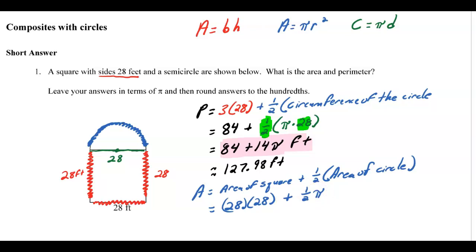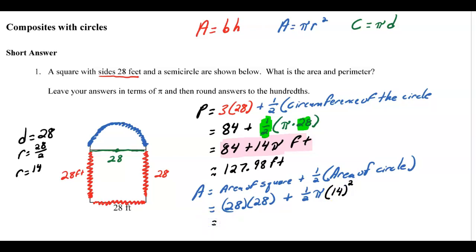And now if the diameter is 28, we know the radius is 14. So I'll write this off to the side. If the diameter is 28, the radius is 28 over 2, or 14. So for the radius, I'm going to plug in 14, and I'm going to square that.